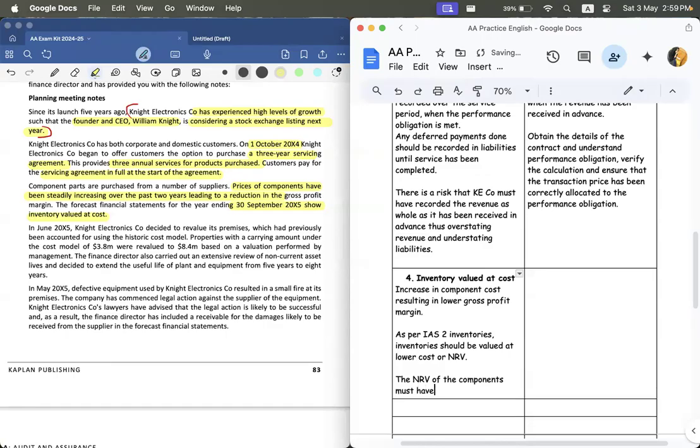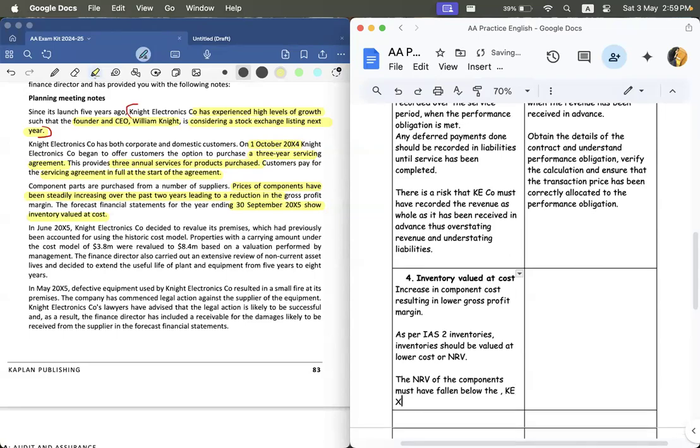The NRV of the components must have fallen below the cost, because selling cost you always deduct from it, right? Below the cost, comma, the Night Electronics company, however, has recorded the inventories at cost, comma, resulting in what?